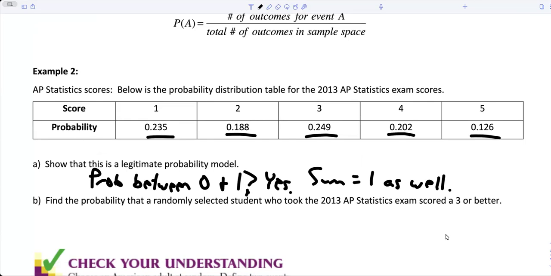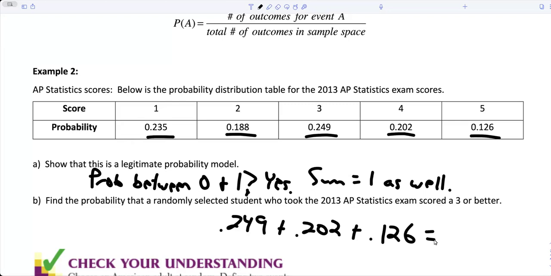And so if we want to find the probability that they scored 3 or better, we're going to use the addition rule and add them together. So 0.249 plus 0.202 plus 0.126. This will give us the passing rate for 2013 on a national scale.